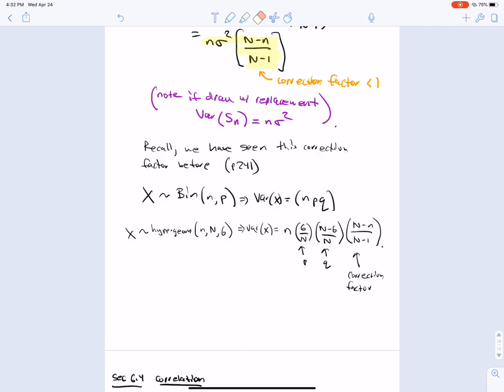And then the variance of x will be npq, where p is G over N and q is capital N minus G over N. And then we have this correction factor, which is for drawing without replacement. Remember that in the hypergeometric, all of the trials are dependent on one another.